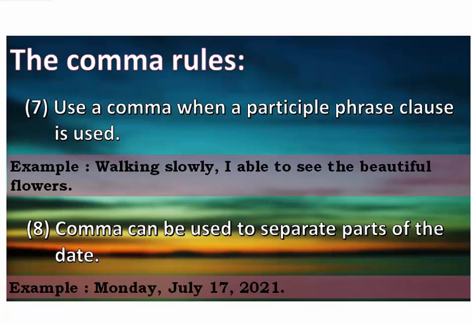Let's see the example: Walking slowly, I was able to see the beautiful flowers. After "walking slowly," we are using a comma here. So you can use the comma when a participle phrase or clause is used.